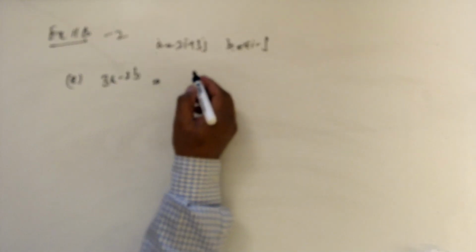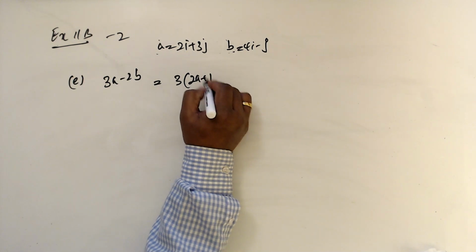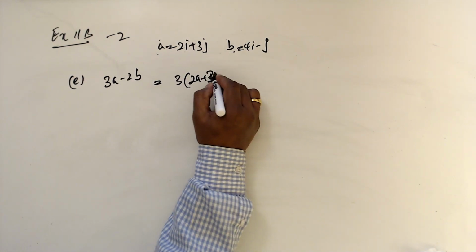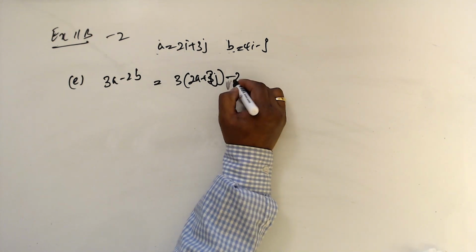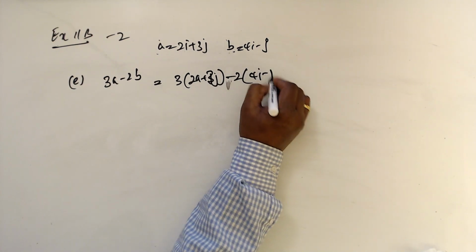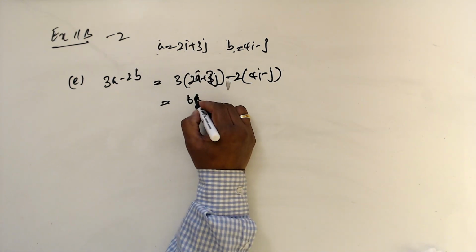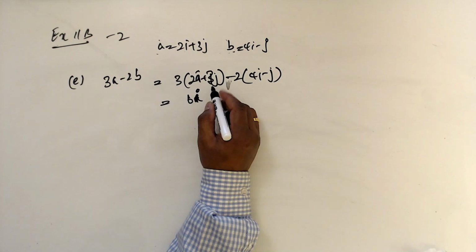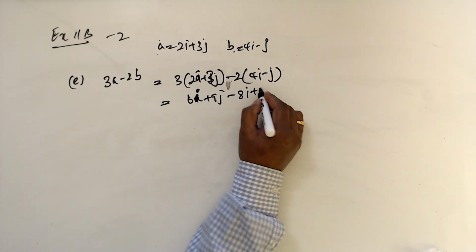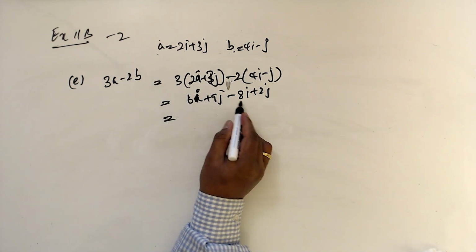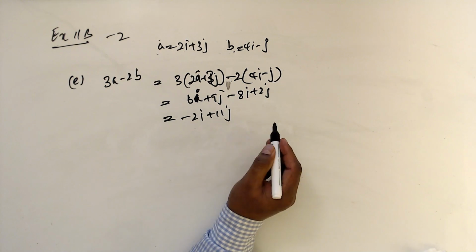E, 3a minus 2b. 3 times 2i plus 3j plus minus 2 times 4i minus j. So this is 6i plus 9j minus 8i plus 2j. So this is minus 2i plus 11j.